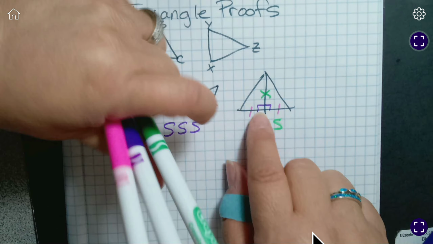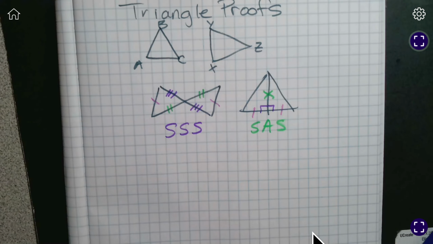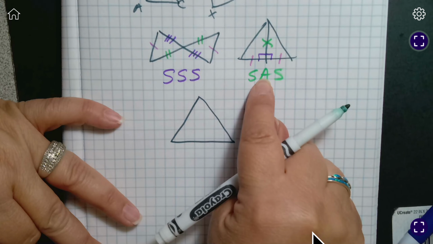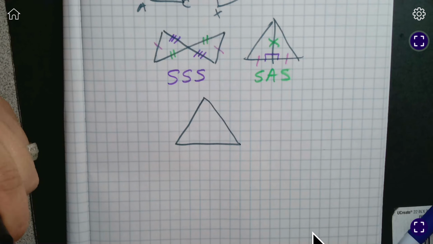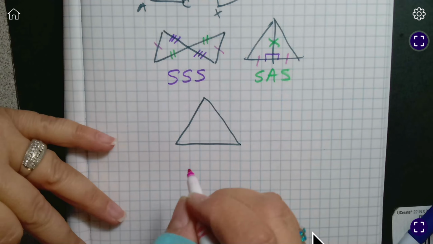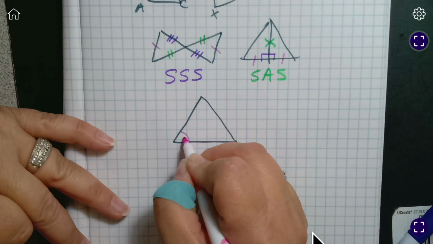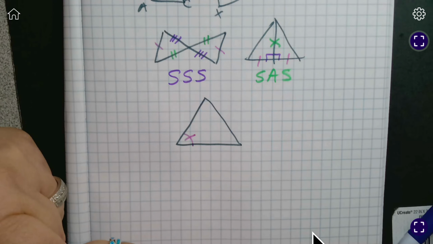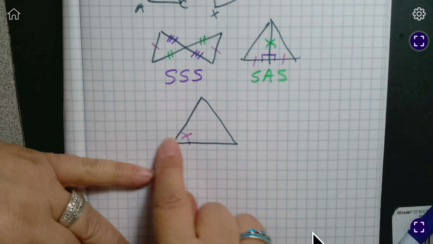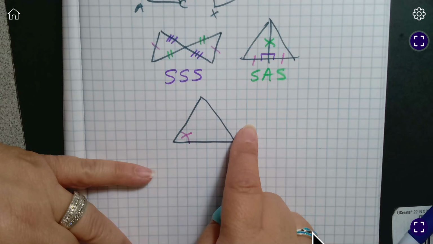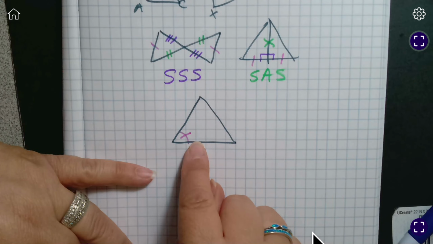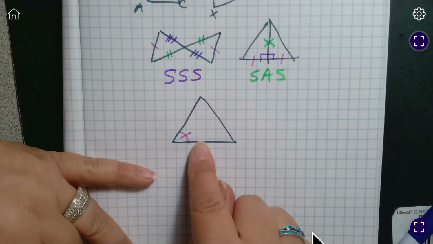So if I have this side, and I know when you look at one triangle, and you're trying to figure out if it's side, angle, side, or whatever it is, let's say it's this angle here, and you're trying to say, okay, can I go this direction or this direction? If you have this angle here, the only thing you can do is the next angle or the next side.